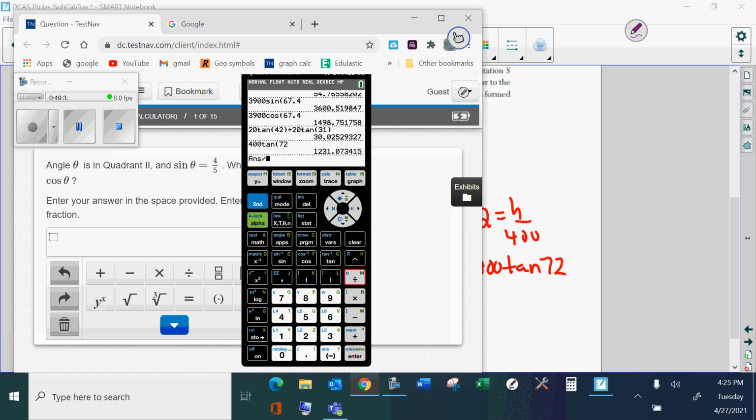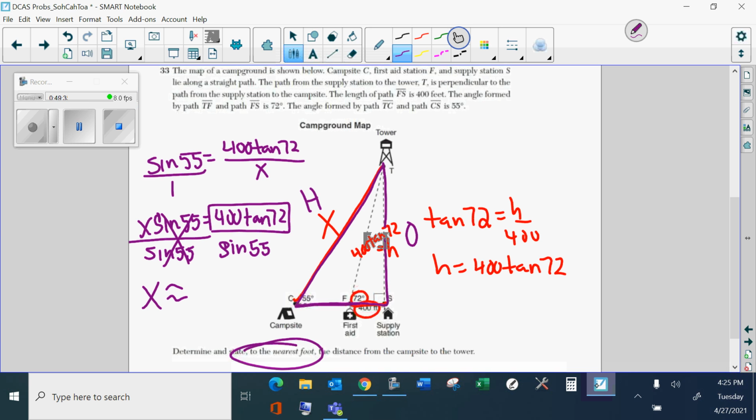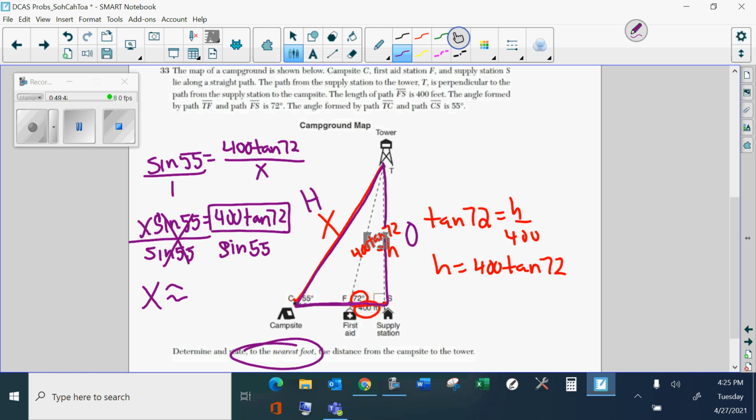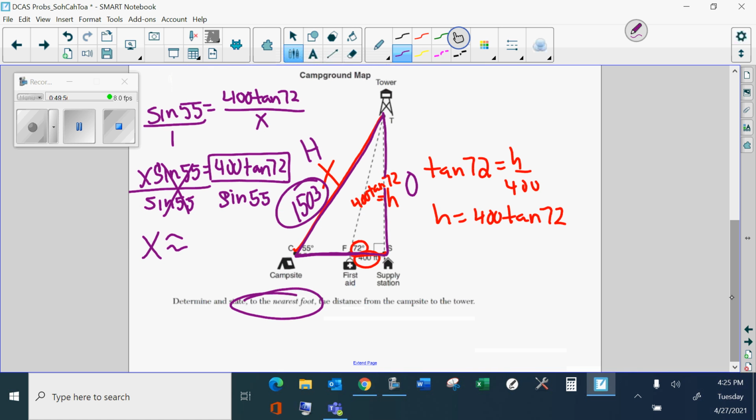Take that and divide by sine 55. And we want the nearest foot. That'd be 1503 would be our answer. Nearest foot, 1503. Okay, read the directions. And there you go.